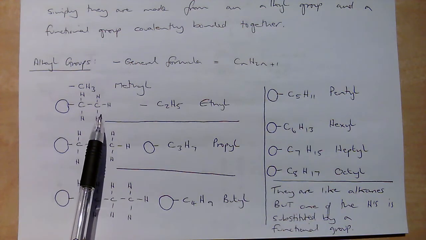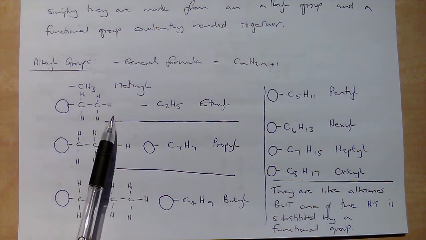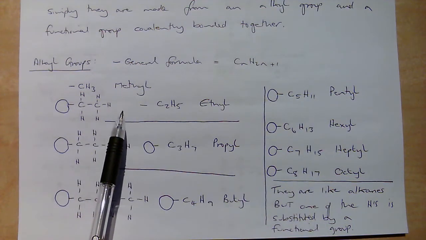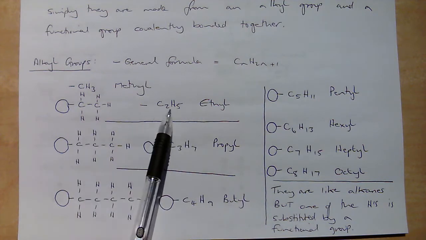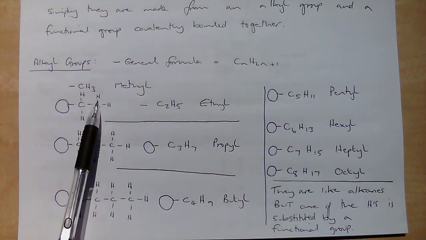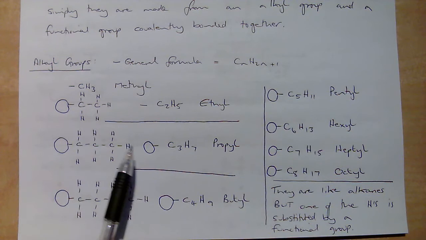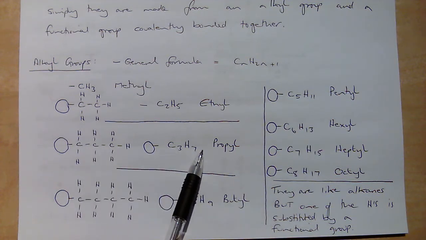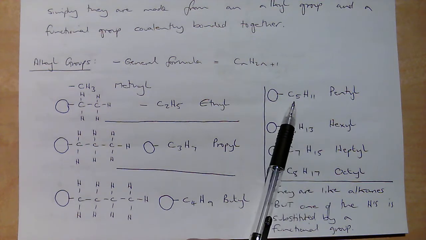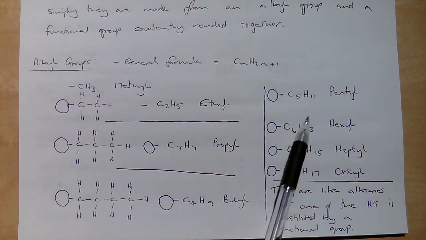Our next alkyl group in the series is the ethyl group, C2H5. Then we go to propyl, C3H7. Butyl, C4H9. Pentyl, C5H11.